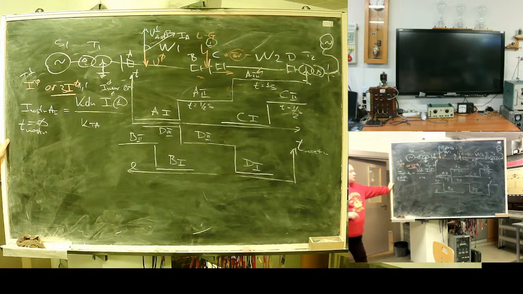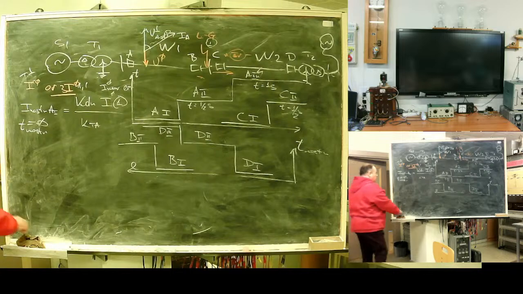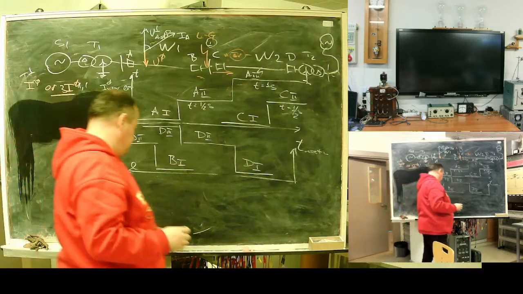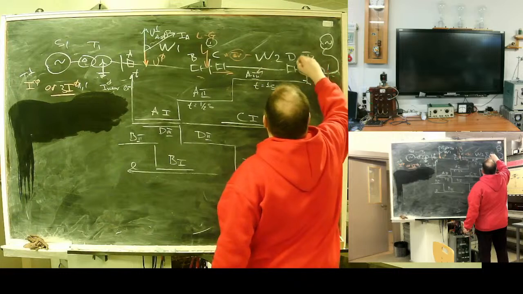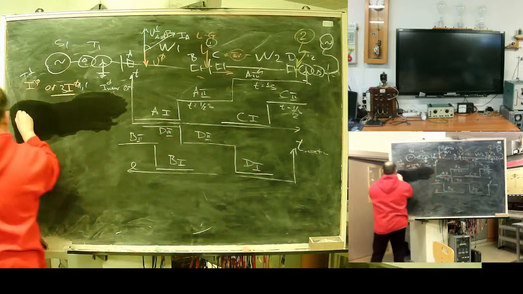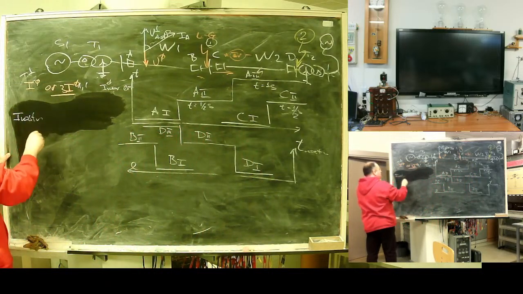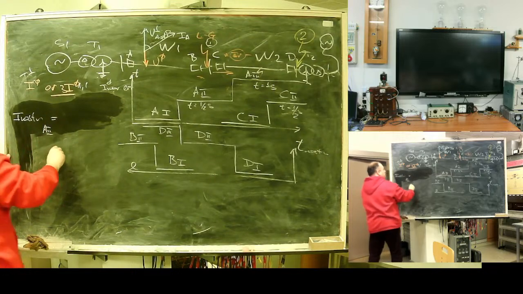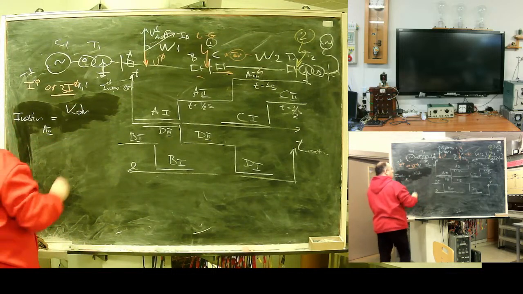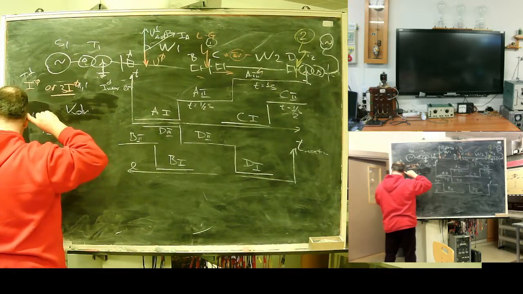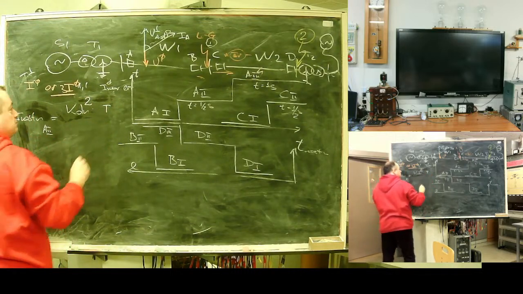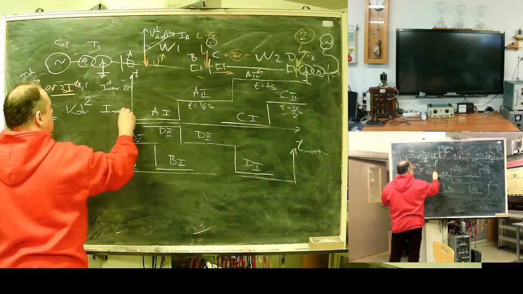For delayed zones, trip current for A2, for example, will be safety coefficient 1.1 multiplied by E max external.